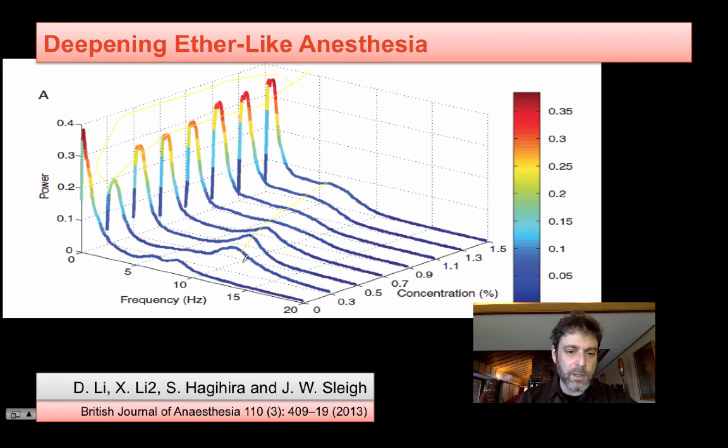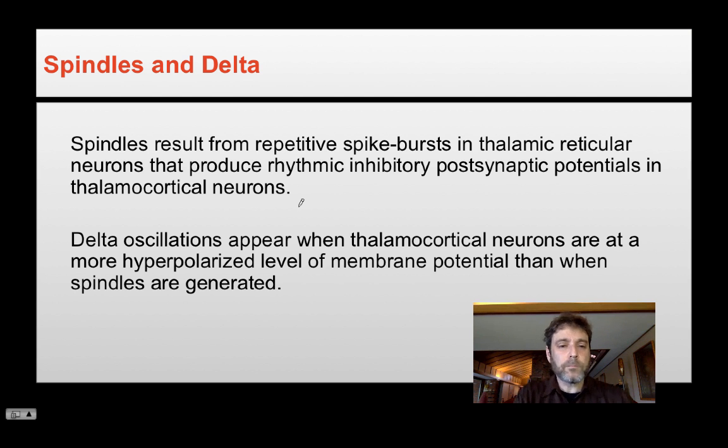So here we're dealing with sigma or alpha spindles, and as the isoflurane concentration increases, it goes down to theta spindles, and then you get a much more delta-dominant pattern with less of the spindles being present.